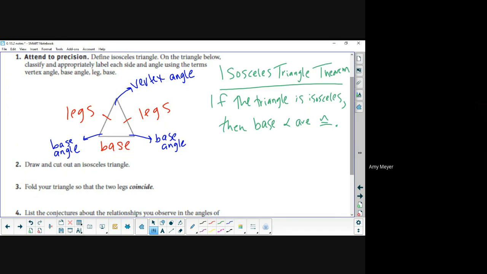We'll draw a picture for this. I'm going to put the then in green. So I'm going to draw an isosceles triangle. Remember the Greek iso, same leg. So isosceles is a triangle with at least two sides the same.